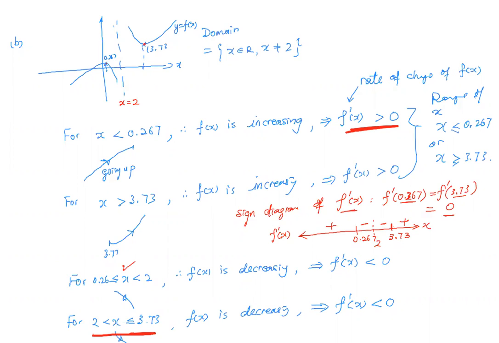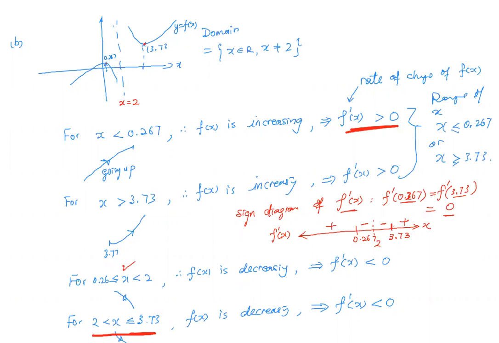So are you okay, class? If I give you the f(x) graph, first of all, I must know how to describe the f(x). So I will say for x less than 0.267, f(x) is increasing.